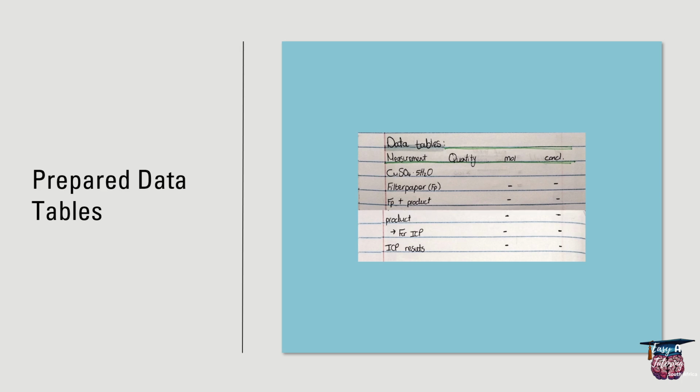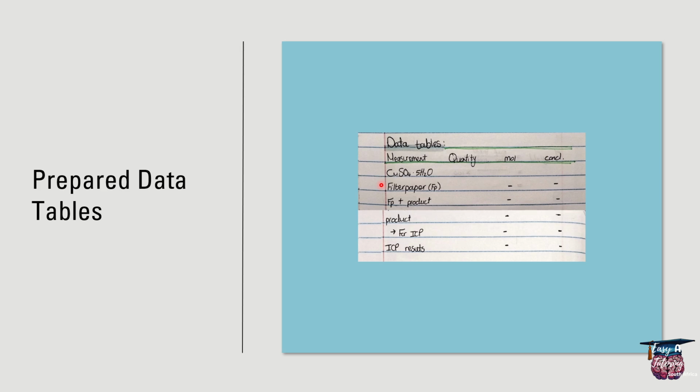Another very important thing that you will notice here is the filter paper. I added the filter paper here because it's very important to weigh your filter paper before you filter your product onto it, because how else are you going to know what the mass of your final product is?